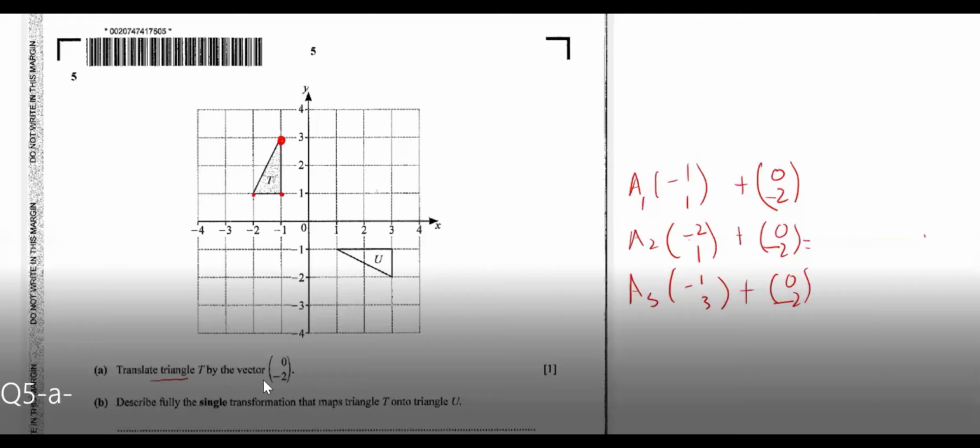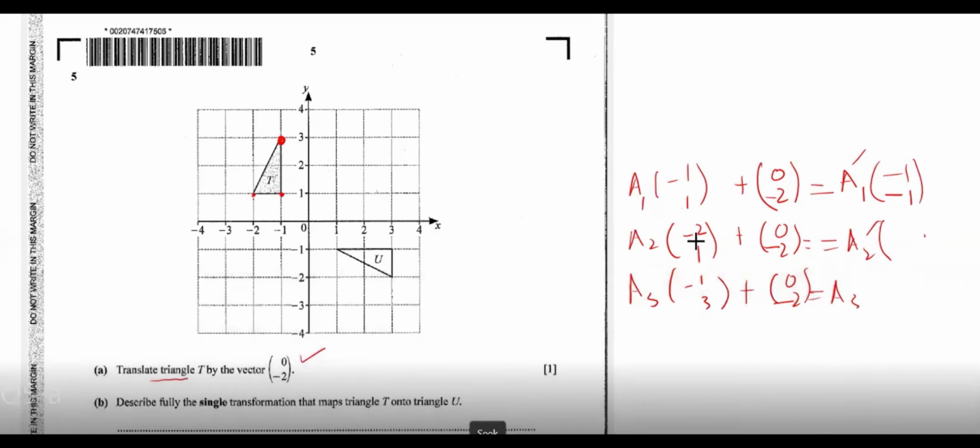We have to translate these corner points of this triangle by vector 0 minus 2. Therefore, we will add 0 minus 2 to the corner points column vectors. After adding, we get these values. Minus 1 plus 0, we get minus 1. 1 plus minus 2, we get minus 1.